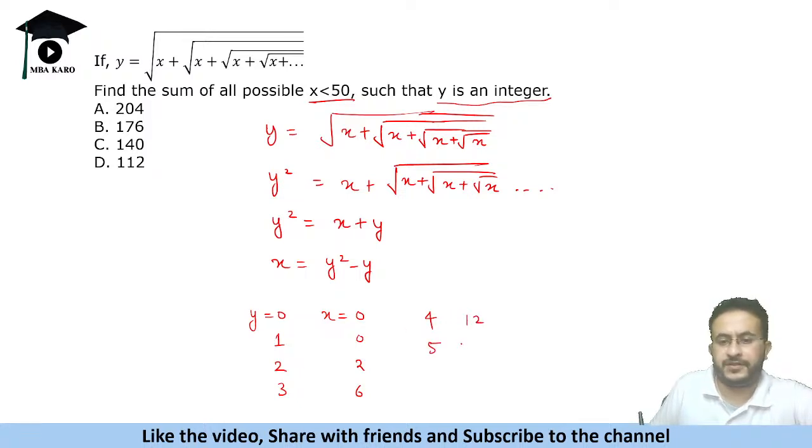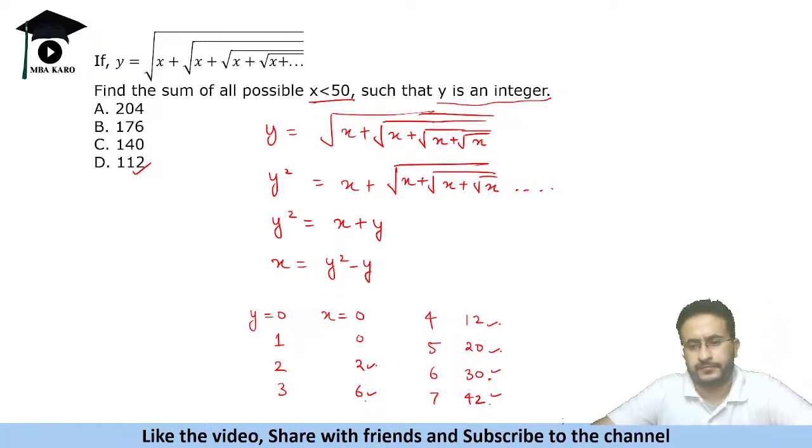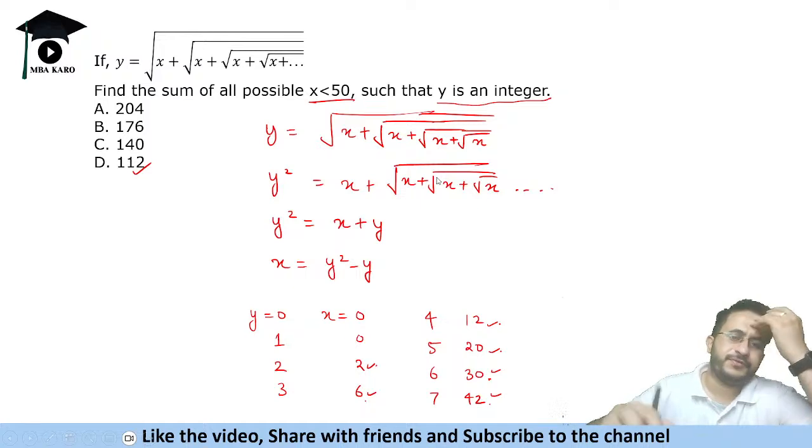If 5, it will be 20. 6, it will be 30. 7, it will be 42. 8 will be more than 50. So add these values. 8, 20, 40, 40, 70, 100 and 12. Okay, so this is how we will find the value of x.